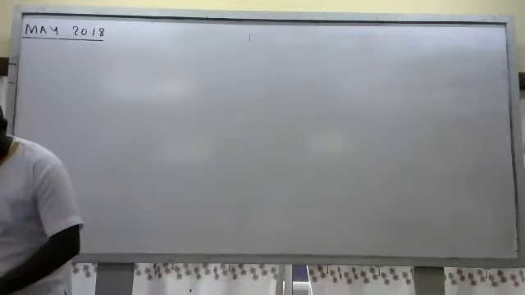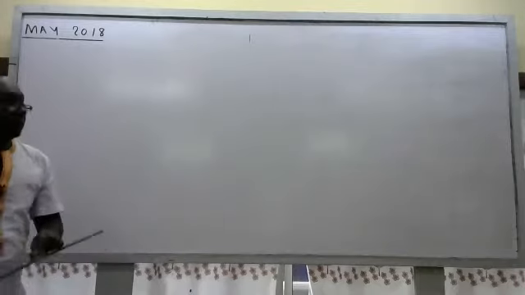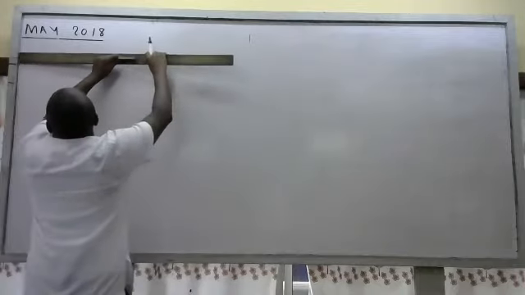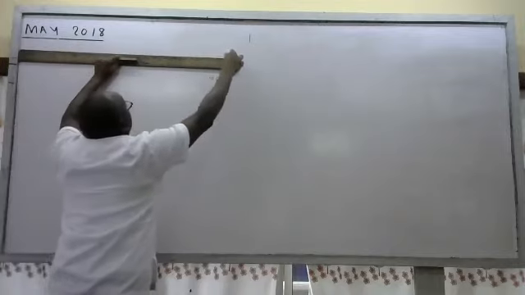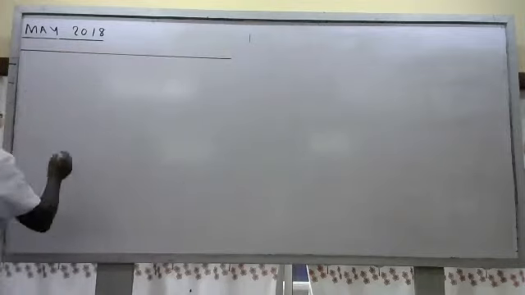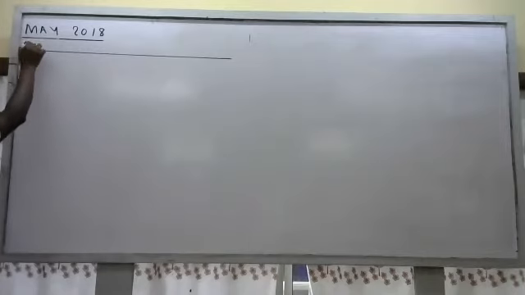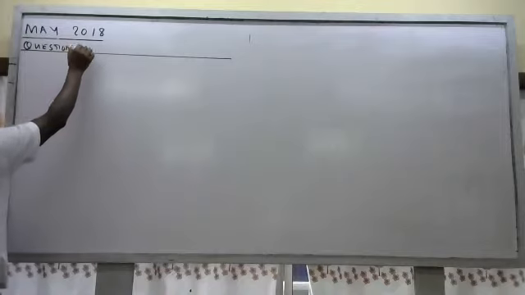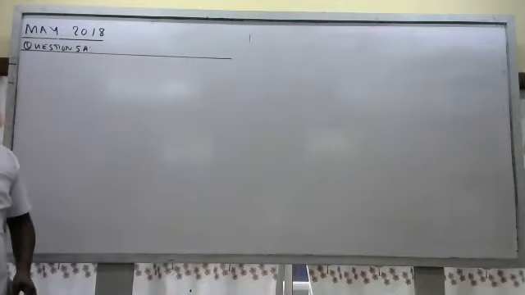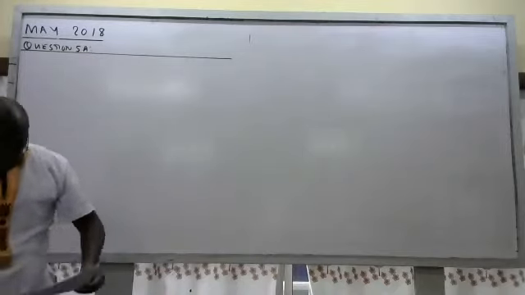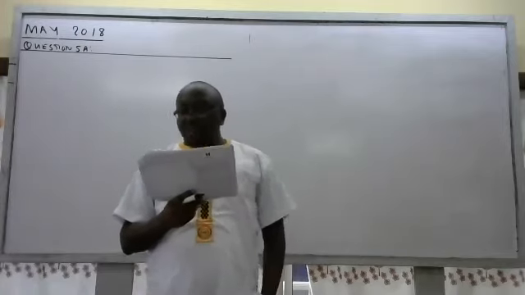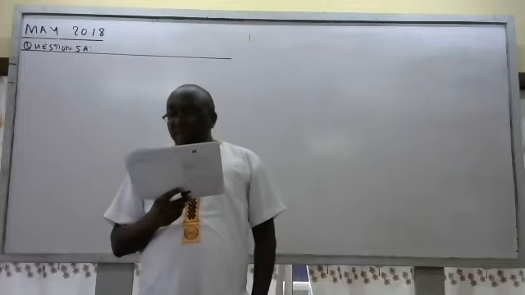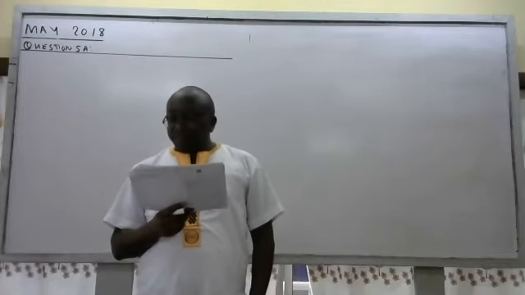So question 5A says, ACE Limited has two divisions, namely B and C, each under a divisional manager.